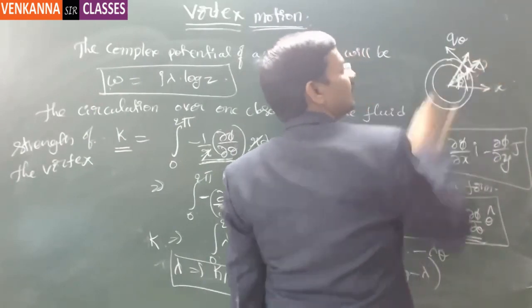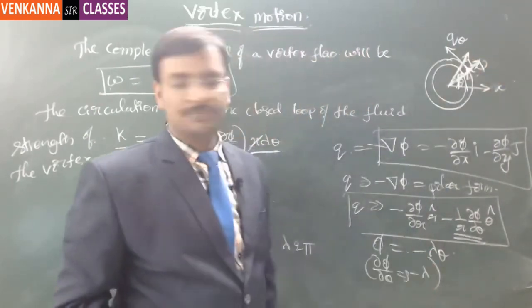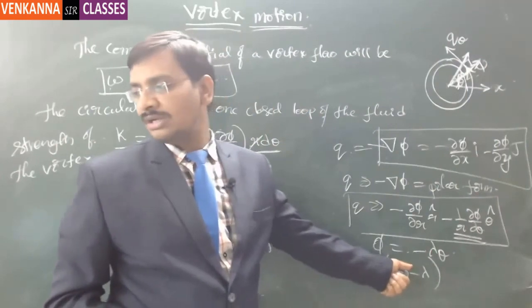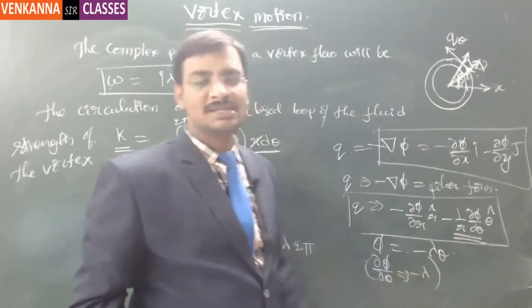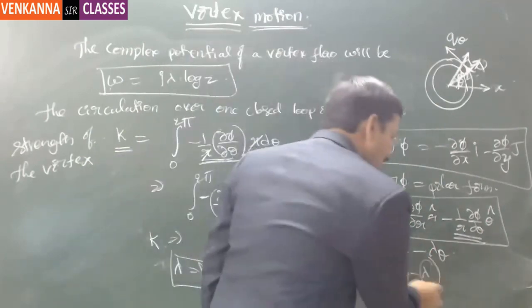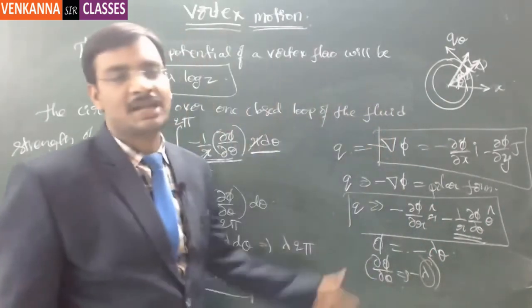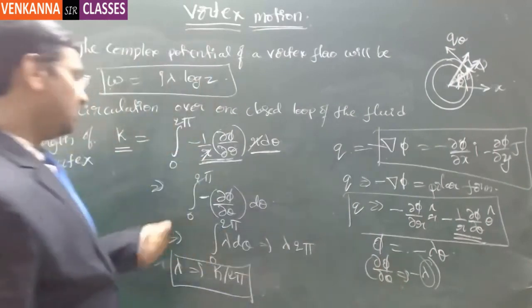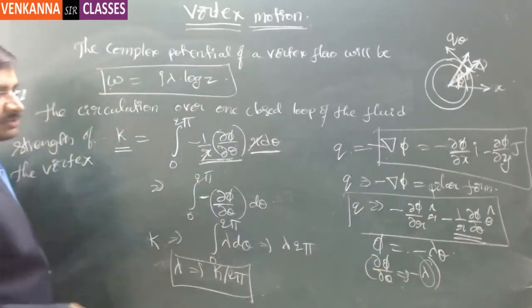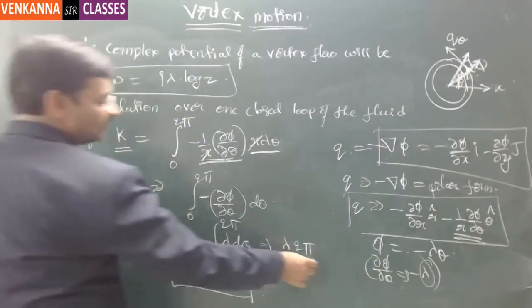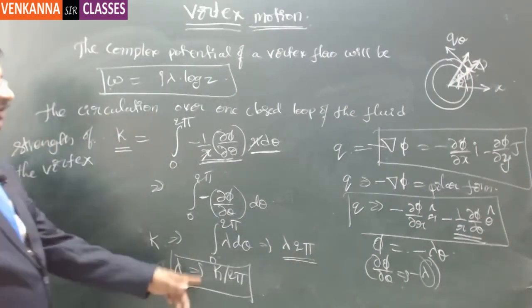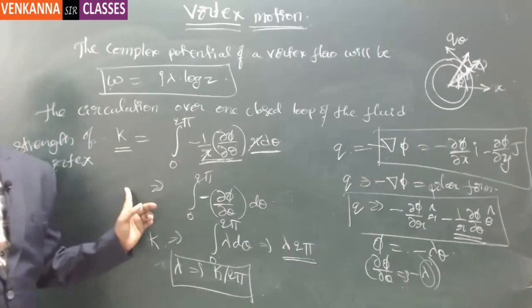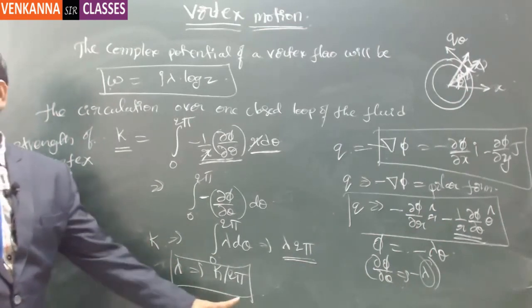This potential difference is directly proportional to theta, so it is linear with respect to theta. So dou phi by dou theta is minus lambda, and this is the lambda component we brought into the picture as a random constant. That is lambda times d theta, so the integral is lambda times 2 pi. After substituting, that will be equal to the strength of the vortex K. So lambda can be expressed as K by 2 pi.